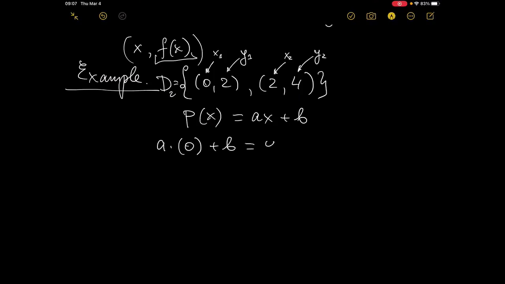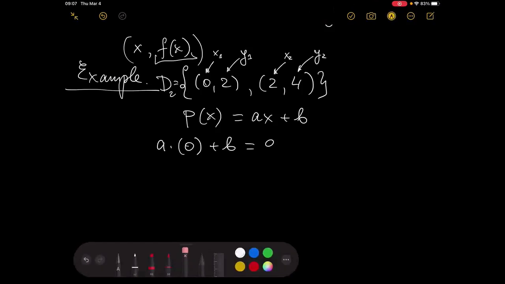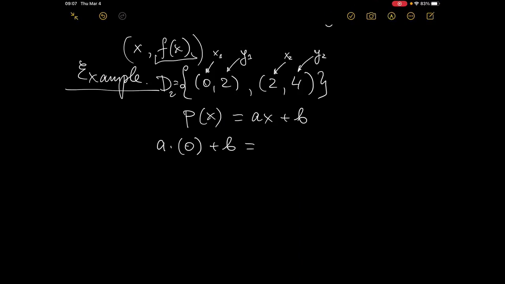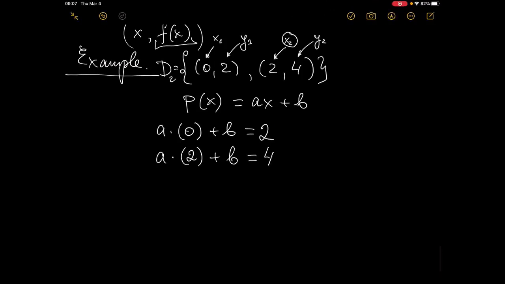And this has to be equal to 2. Now in the second point I have x2 equal to 2. I substitute x2 here, and this has to be equal to y2, which is equal to 4. So I got a system of 2 linear equations.